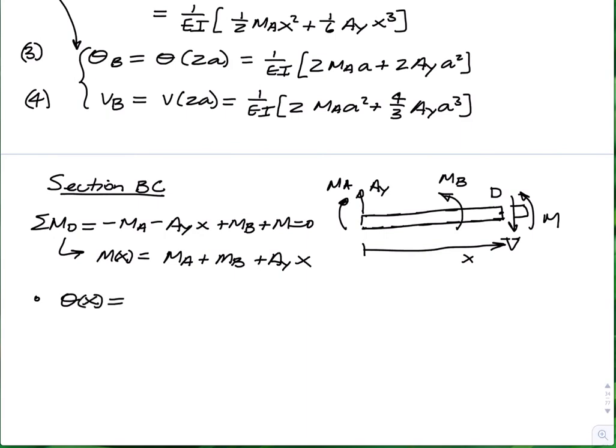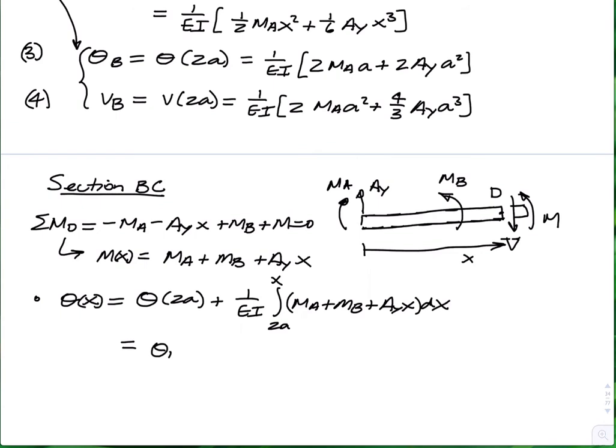So theta x, starting at x equal to 2a, plus 1 over EI, integral from 2a to x of MA plus MB plus AYX dx. Theta 2a, we gave that the name of theta b, which is given there in equation 3.